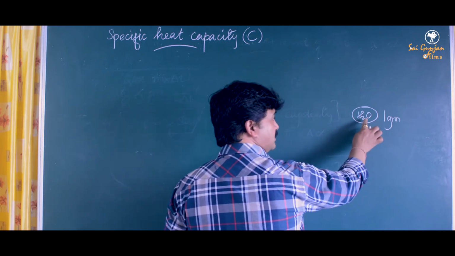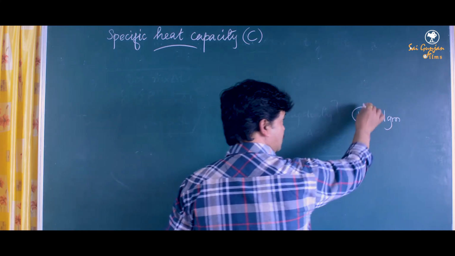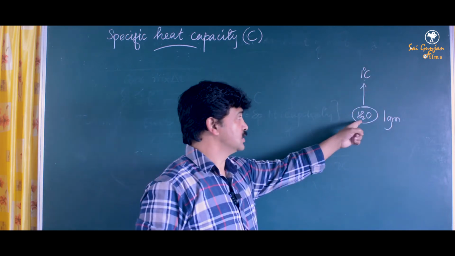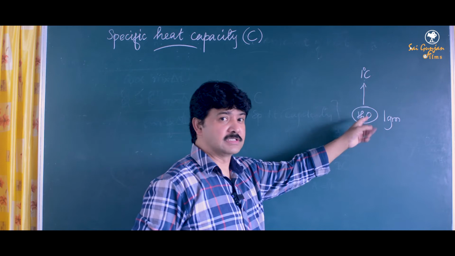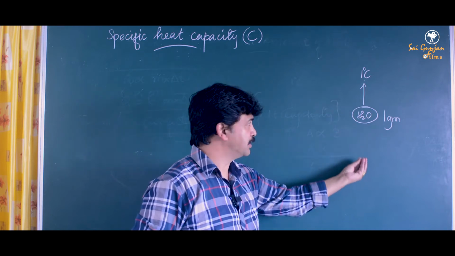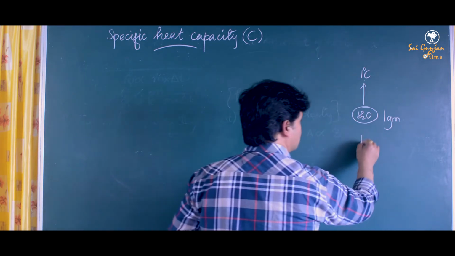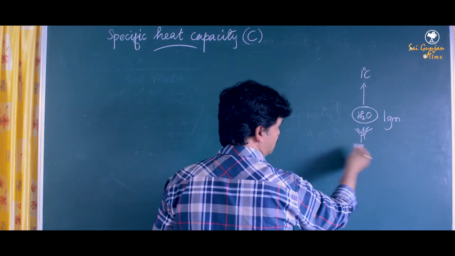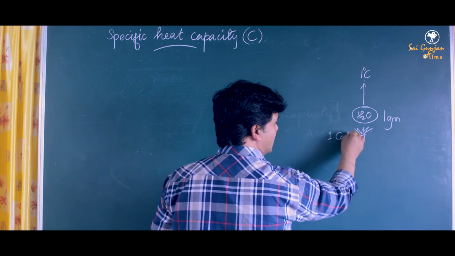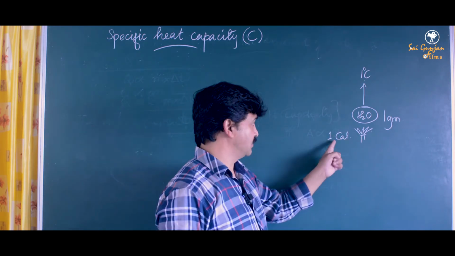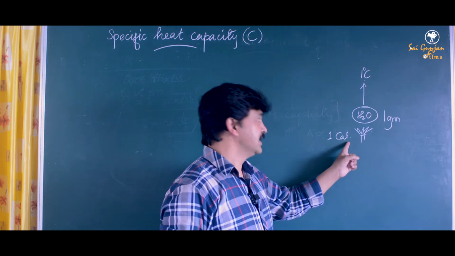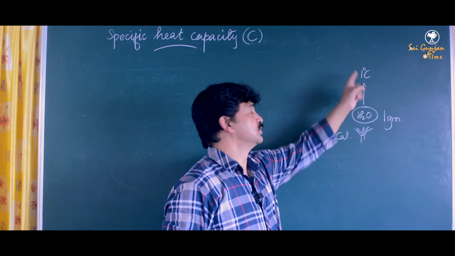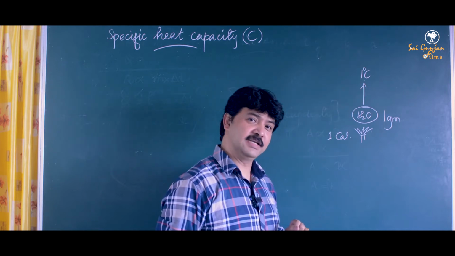In order to raise the temperature of 1 gram of water through 1 degree Celsius, we can't do this without supplying heat, isn't it? Some amount of heat is required. So whatever heat is required in this case, that amount of heat, you all know, is known as 1 calorie. So 1 calorie is the amount of heat required to raise the temperature of 1 gram of water through 1 degree Celsius.